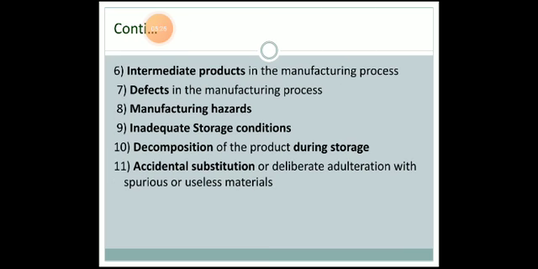Apart from the above, there are other points like intermediate products, defects, manufacturing hazards, inadequate storage conditions, decomposition of the product during storage, and accidental substitution or deliberate adulteration with spurious or useless material.